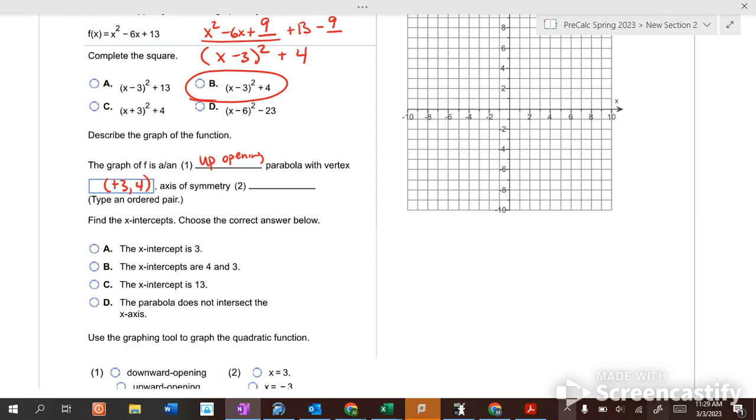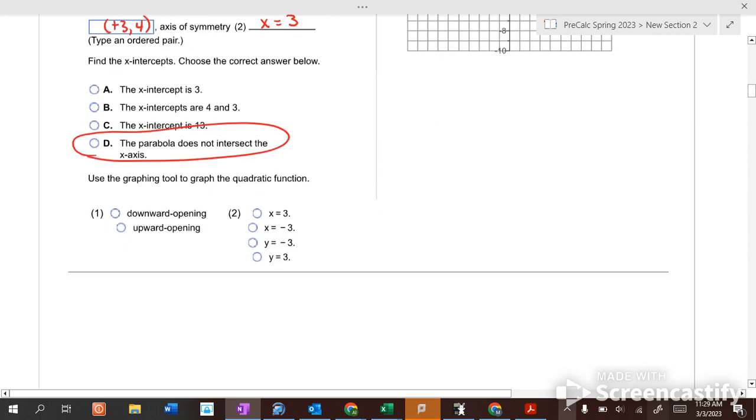You are correct, because it's the opposite of the inside, same as the outside. Okay? Axis of symmetry is at x equals 3. So if we just look at 3, 4 over 3 up 4, it's here. And if it opens up, is it going to have any x-intercepts? No, the parabola does not intercept the x-axis. Okay.